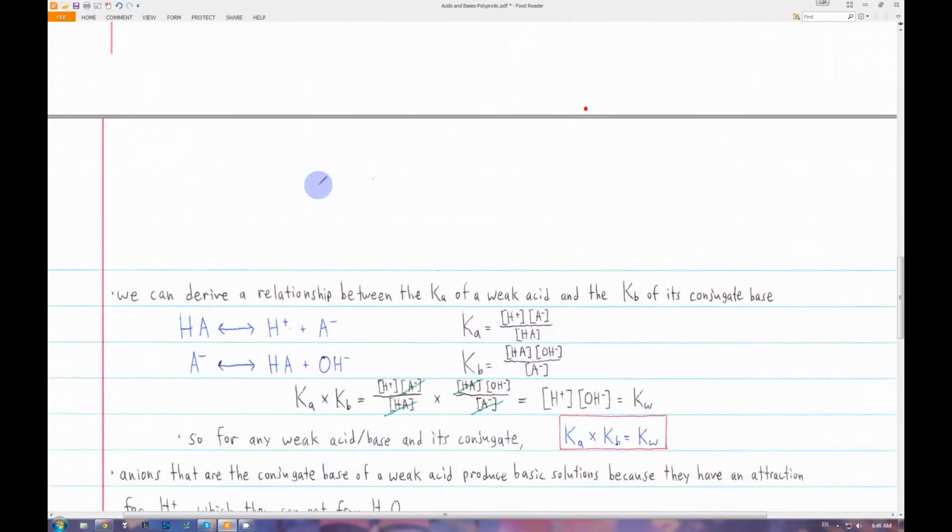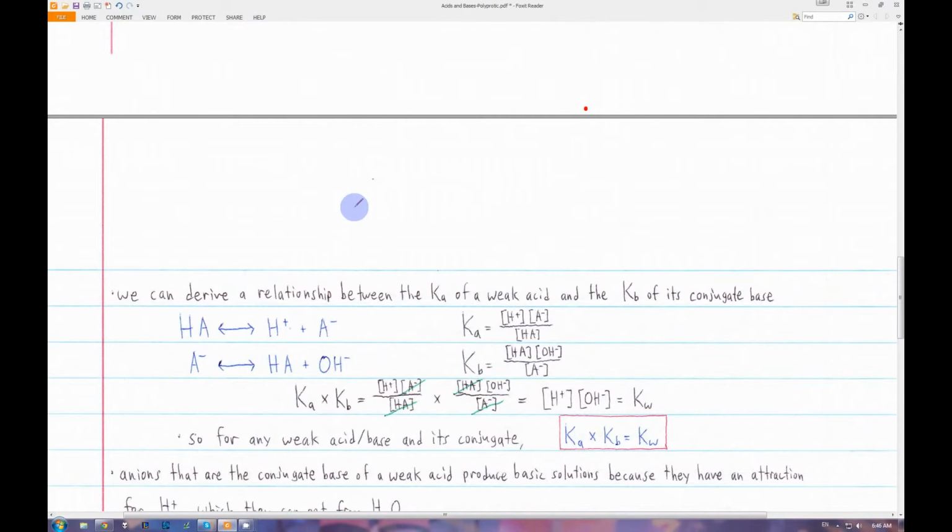So when we're dealing with salts and their ions, we could have, for example, F-. When we look at a table, we can see the Ka value for HF, hydrofluoric acid, but we don't know the Kb value of the F- ion.